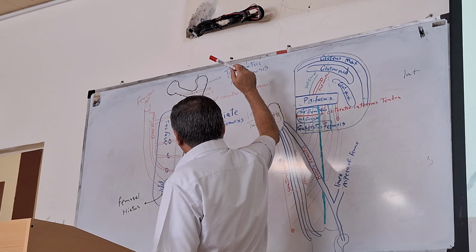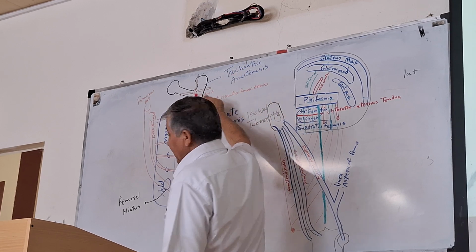Which arteries contribute to formation of the trochanteric anastomosis?